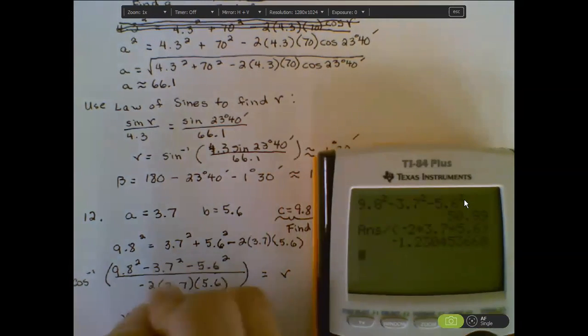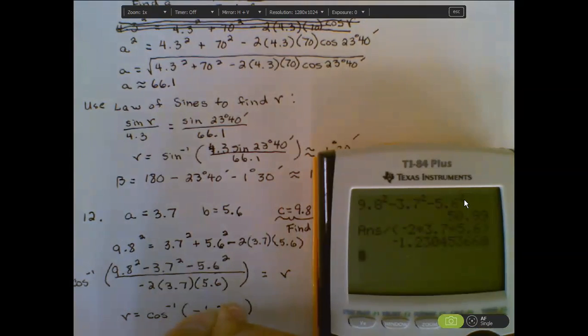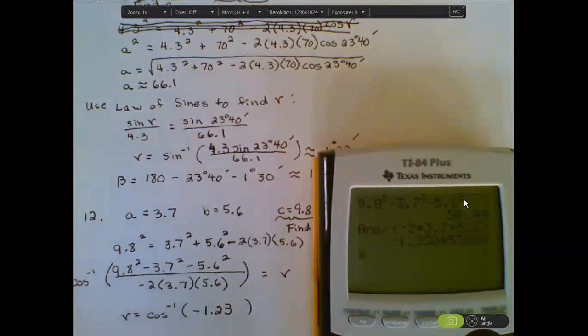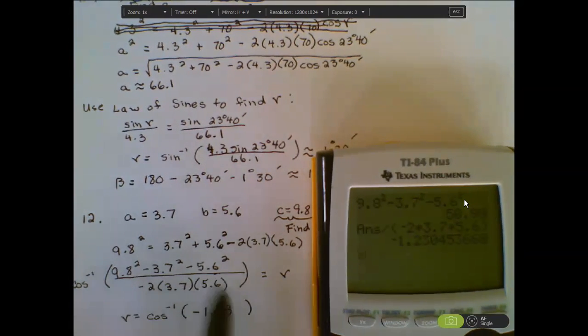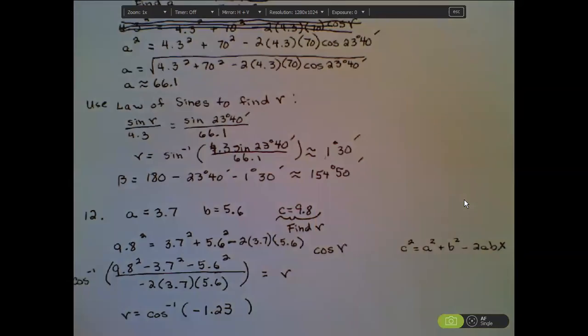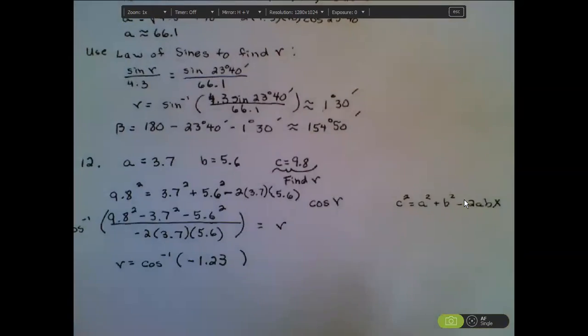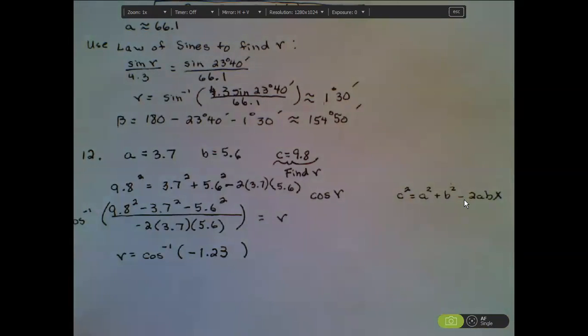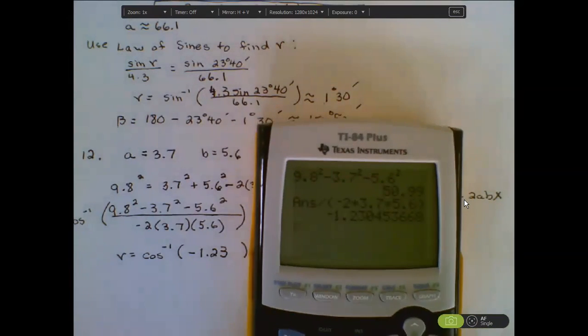I'm getting about -1.23 as the value of this numeric expression. So what's going to happen when I hit inverse cosine? Can you tell me before I do it?